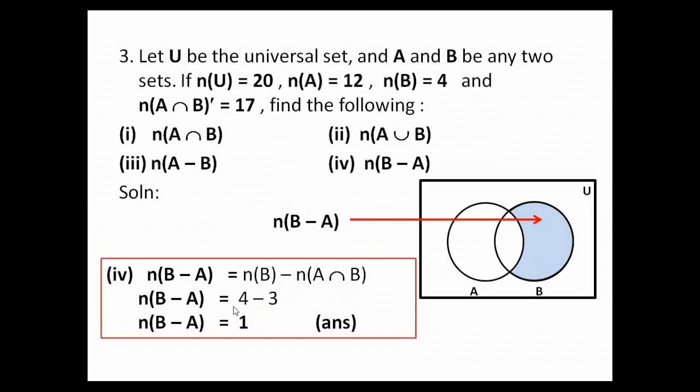So n(B minus A) is equal to 4 minus 3, that is the intersection part we are subtracting. So we'll get 1. So n(B minus A) will be 1. So there is only one element that is present only in B. Next.